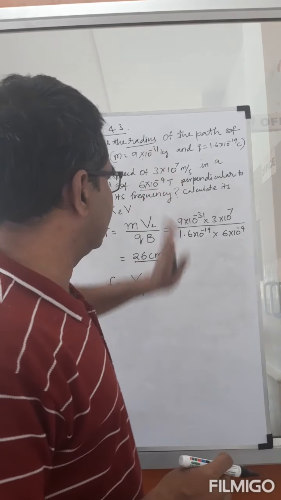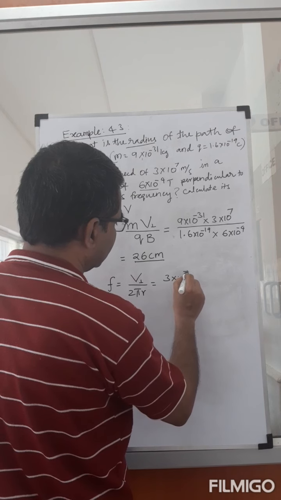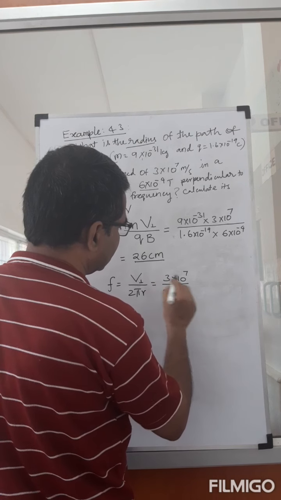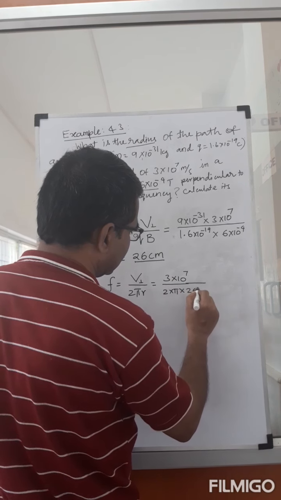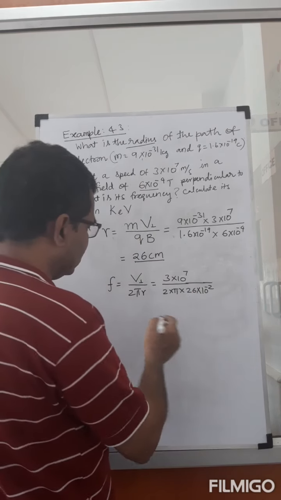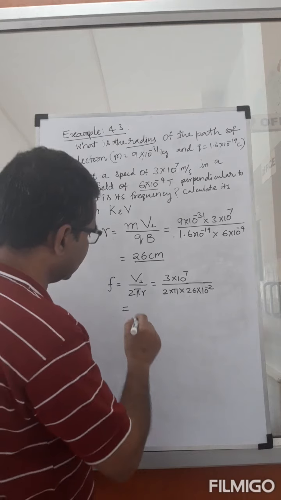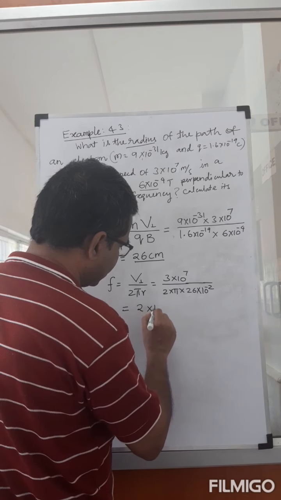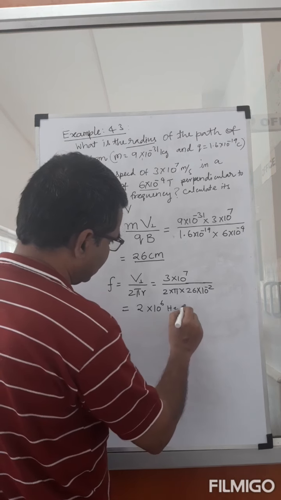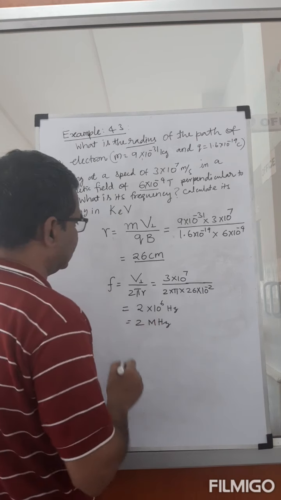So I will just take this as 3 into 10 power 7, divided by 2 into pi into 26 into 10 to the power minus 2 meters. So if I do this, I'm going to get 2 megahertz, 2 into 10 to the power 6 hertz. So that's going to be equal to 2 megahertz.